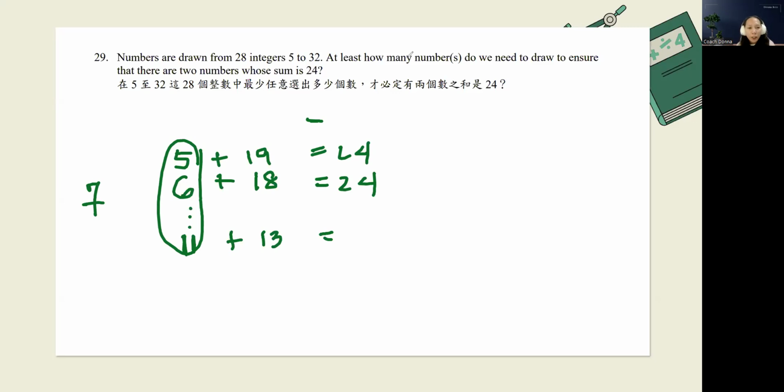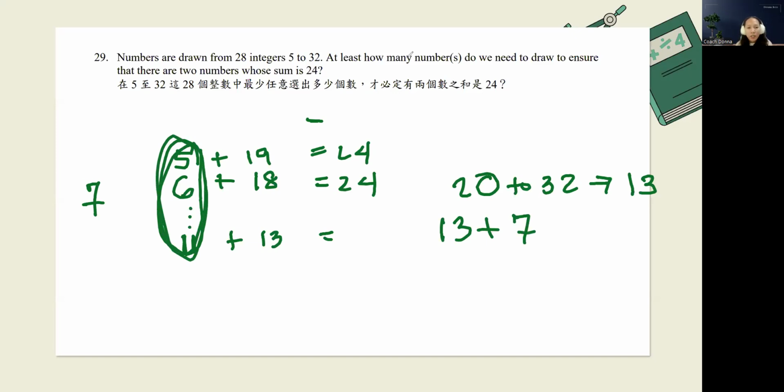So 20 to 32 are unusable. All right? So 20 going to 32 are unusable numbers. So that's a total of 13 also. So 13 unusable. Worst case scenario is you'll get the numbers that you don't want. So 13 numbers, and then the possibility of drawing the first half of each pair, 13 plus 7.